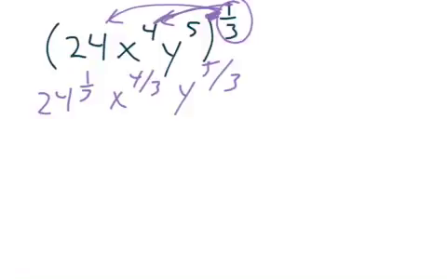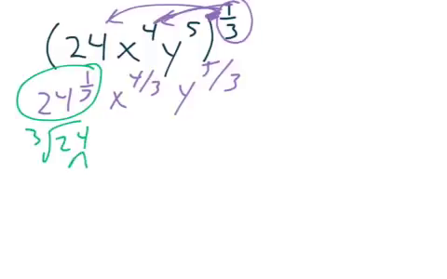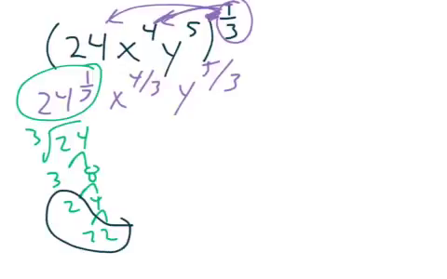Okay, so now what? Well, 24 to the 1/3 is the cube root of 24. Oh, got to break it down. 3 times 8, 2 times 4, 2 times 2. What do you know? We have 3 2's there, which makes a regular 2, doesn't it? We have an extra 3 there, which will mean a cube root of 3.